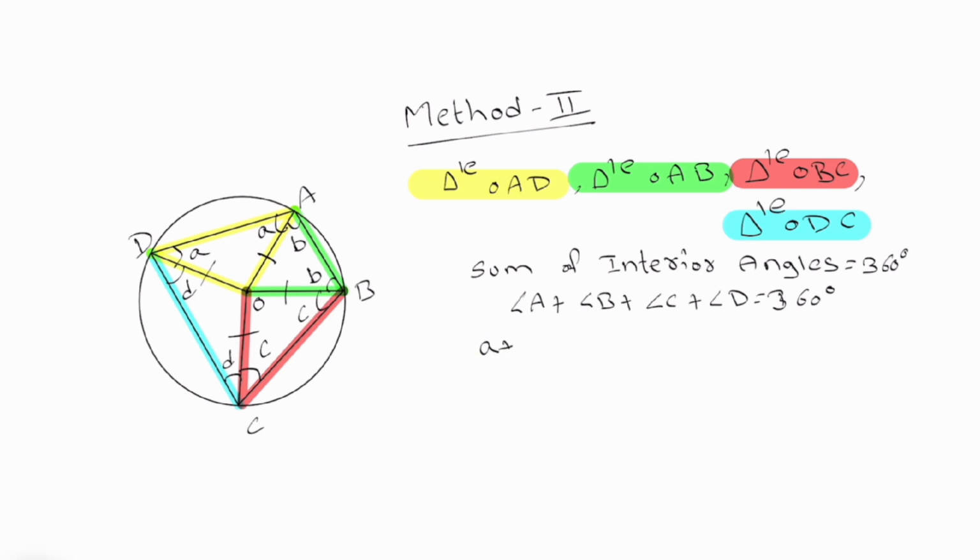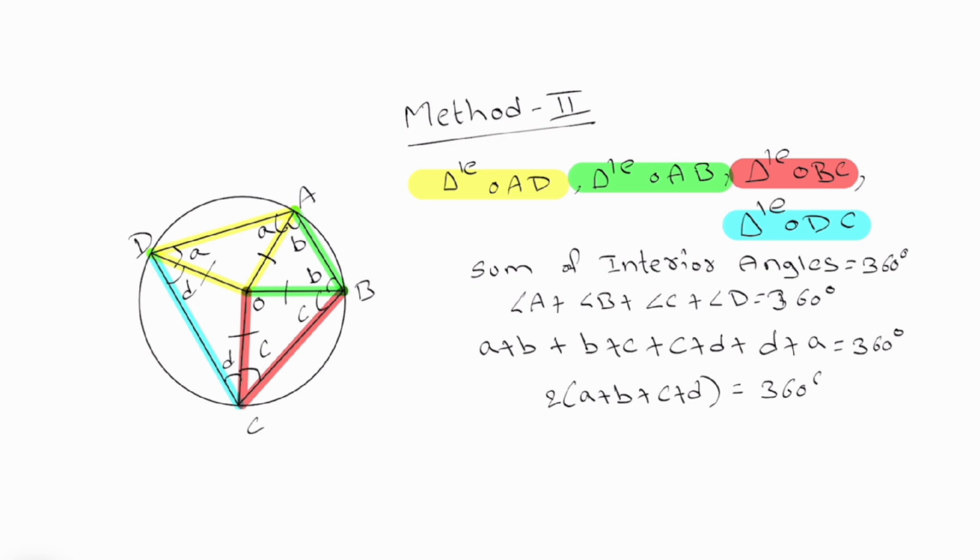Angle A is A plus B, angle B is B plus C, angle C is C plus D, and angle D is D plus A. If you observe carefully, each of the letters A, B, C, D is repeating two times. So 2 times A plus B plus C plus D is equal to 360 degrees.